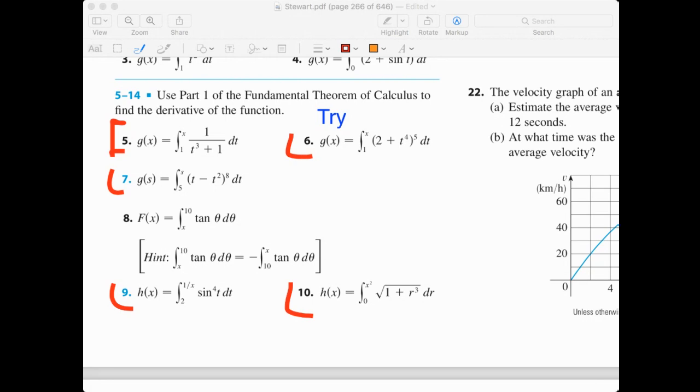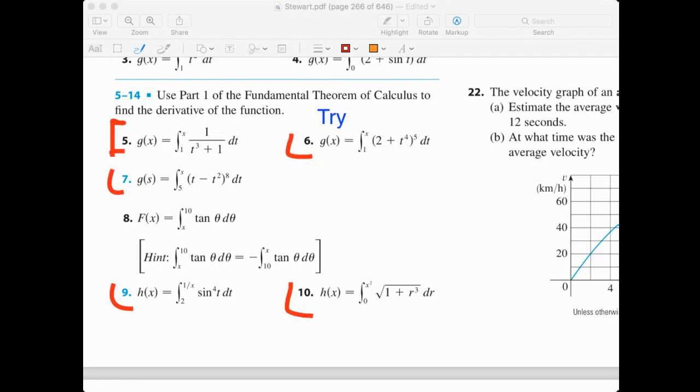Okay, so why? Because we're going to take the antiderivative of 1 over t cubed plus 1. And how would you take an antiderivative? Which theorem backs you up about that?